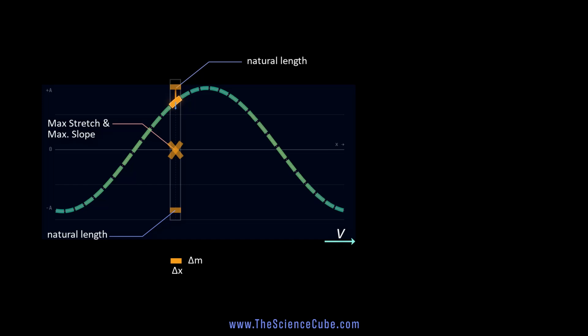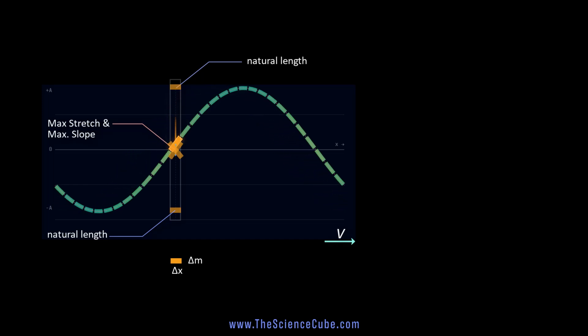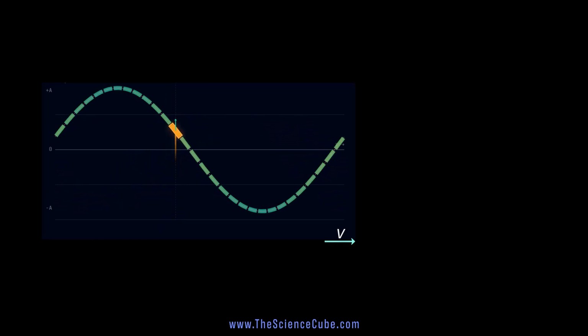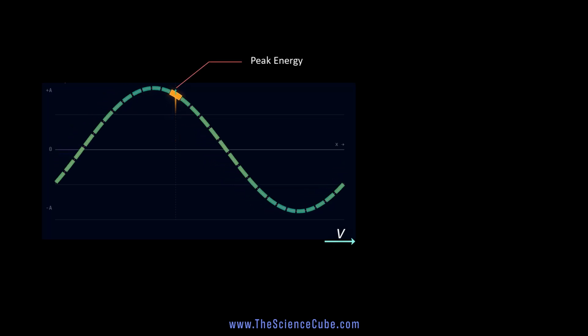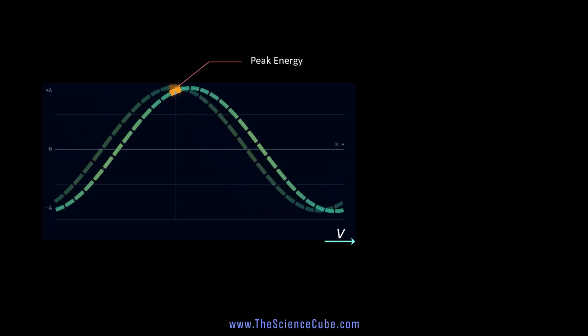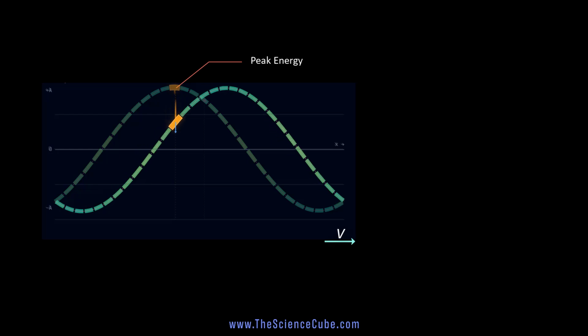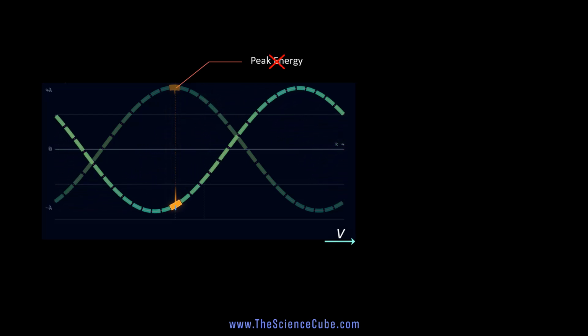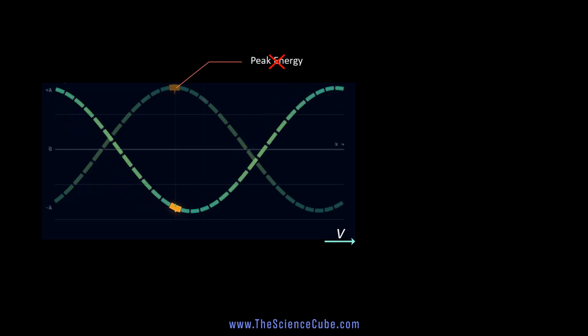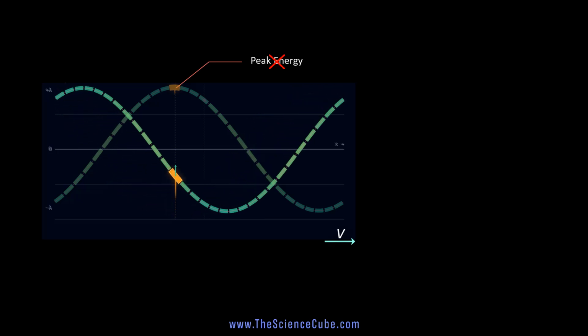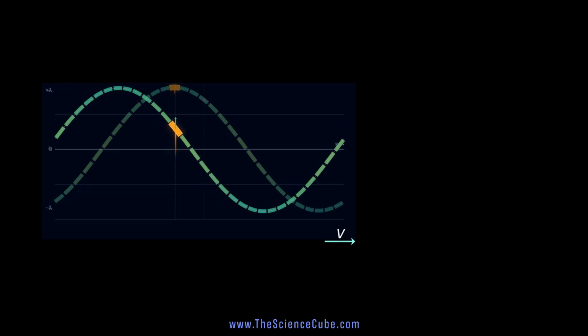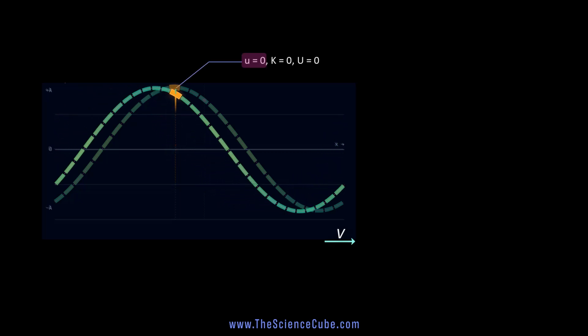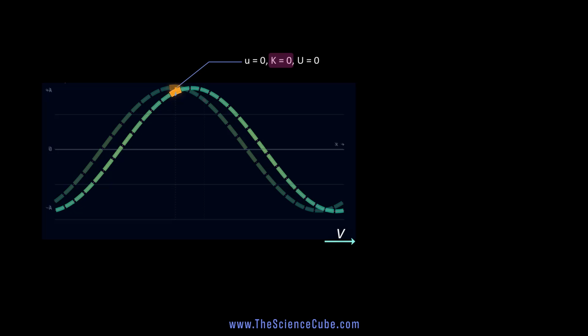So let's look at a snapshot of a wave. You might think the most energy is at the peak because it's the farthest from equilibrium. But it's actually the opposite. At the peak, that is y is equal to A, for a split second, that piece of string is at rest, that is its velocity is 0, which makes the kinetic energy 0.